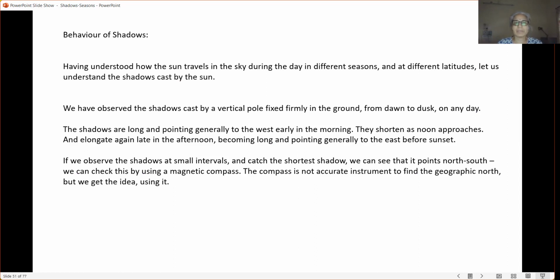We start with long shadows pointing towards the west, and the shadow becomes short. The shortest shadow lies along the north-south direction, and in the evening, the shadows are long again, and they point towards the east.